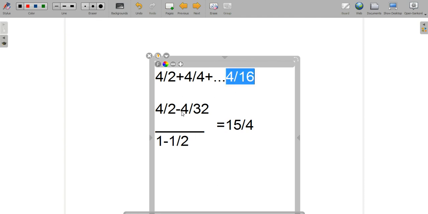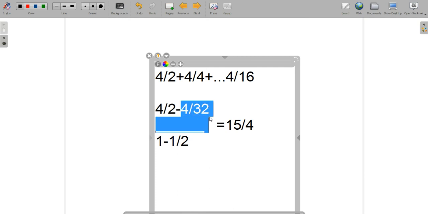And remember, like I was saying, the first number minus the last number raised to an extra power. So 1 over 16, and then raised to an extra power would be 1 over 32. And then it's 1 minus the ratio. So maybe I should write.